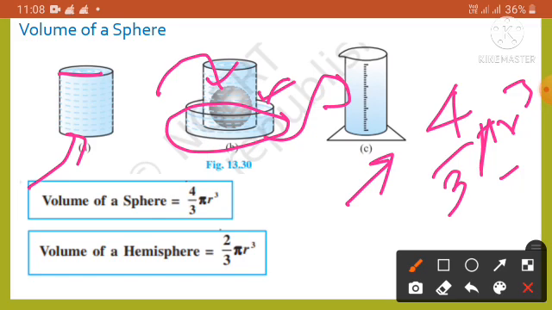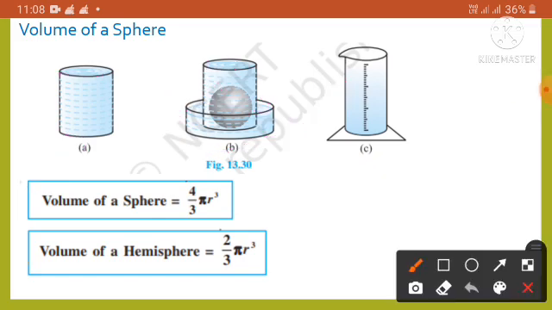Now once again repeat the process with a different size of sphere. Find the radius r of the sphere and then calculate the value of 4 by 3 pi r cube. Once again this value is nearly equal to the measure of the volume of the water displaced by the sphere.